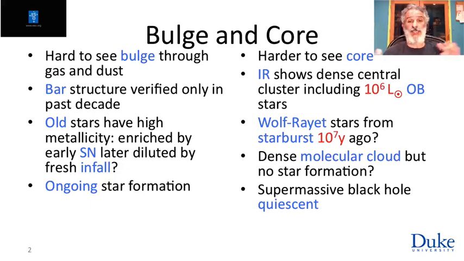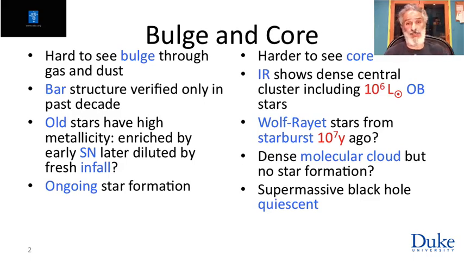Subsequent to all of this, there must have been an infall of fresh unenriched matter from regions of the galaxy where star formation had not yet started, so where there had not been supernovae to enrich the environment. This brought in relatively low metallicity hydrogen, and subsequent generations of stars formed in the bulge would have formed in a metal-poor environment. And the bulge is one of the regions in which ongoing star formation seems to be going on as we speak right now.